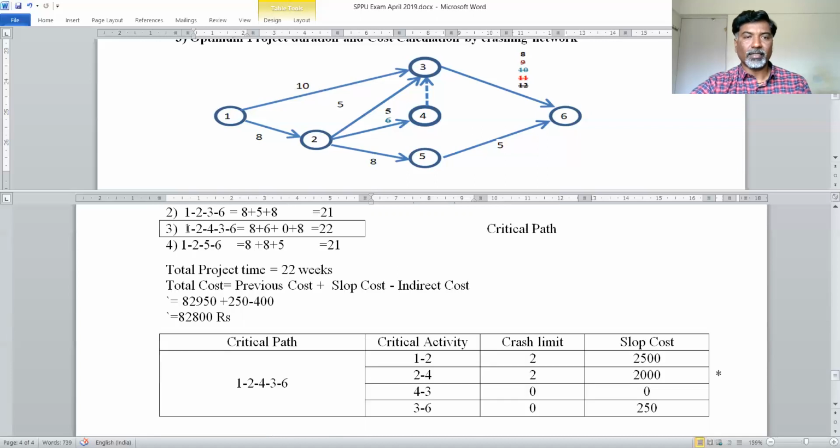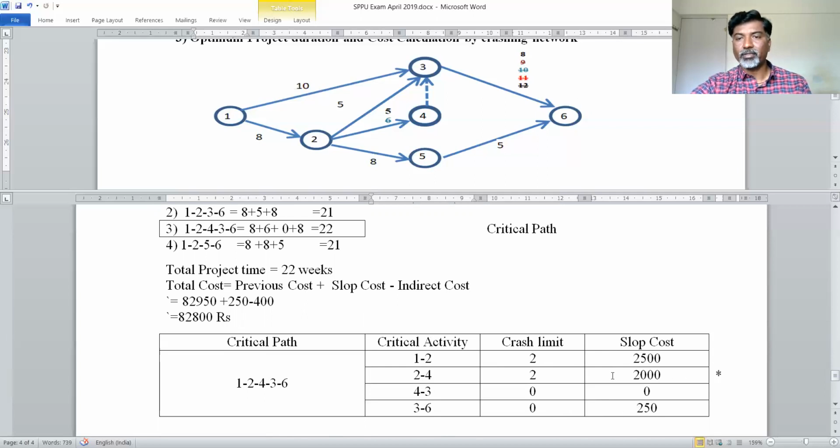So we have to write the critical path and the critical activities that are involved in that particular path. Then you have to check slope values. In these slope values, the minimum value is 250, but the crash limit is now 0. So you cannot crash this activity. So which is the next minimum value?